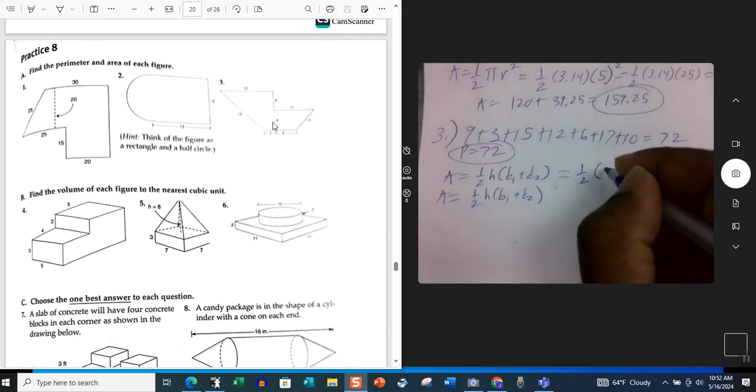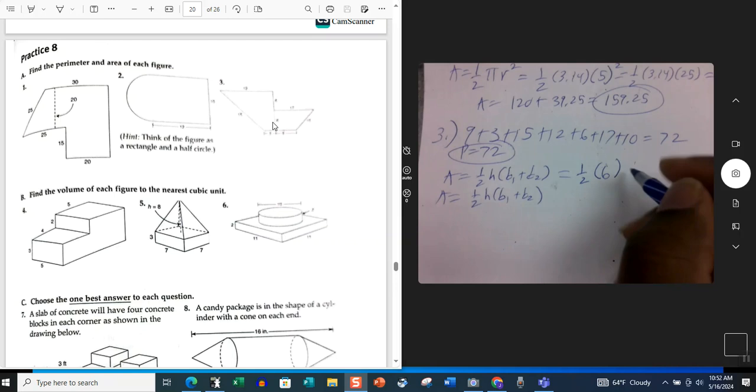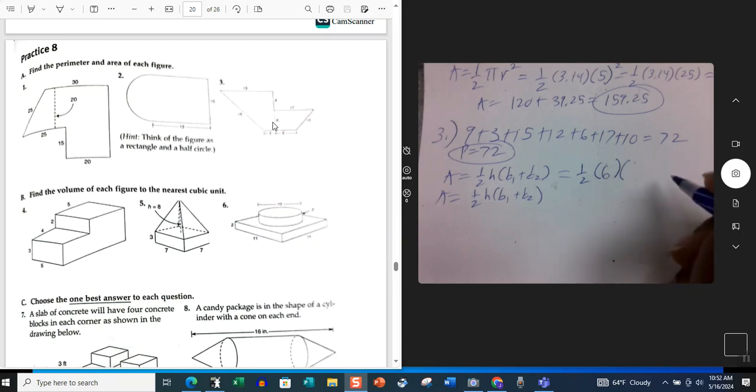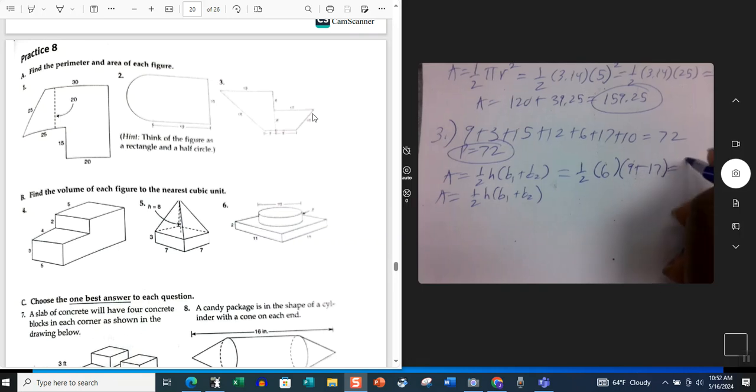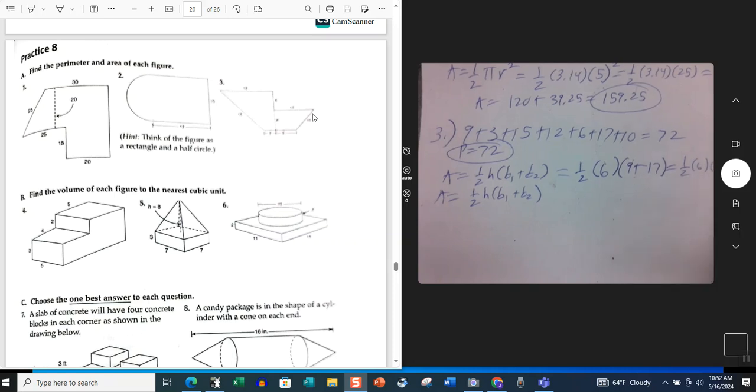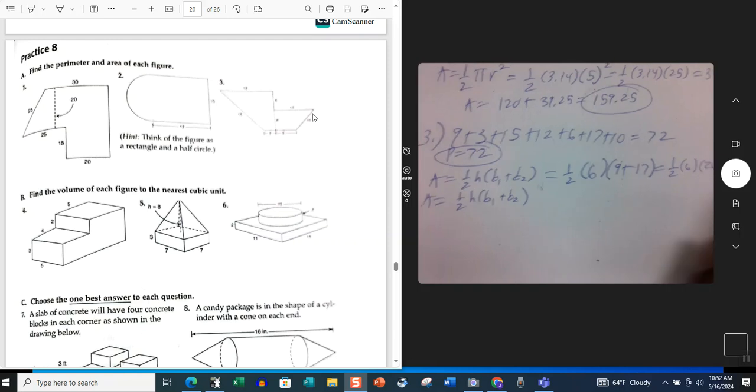And then we will have our smaller base, which would be down here, which would be 9, plus our larger base, which would be here, which would be 17. So this would be half of 6 times 26.